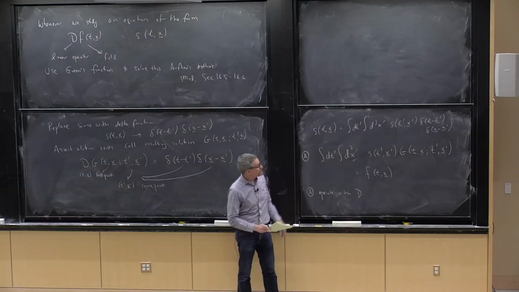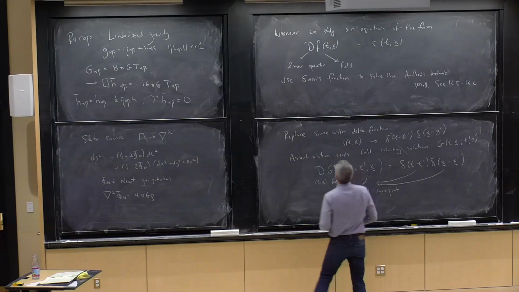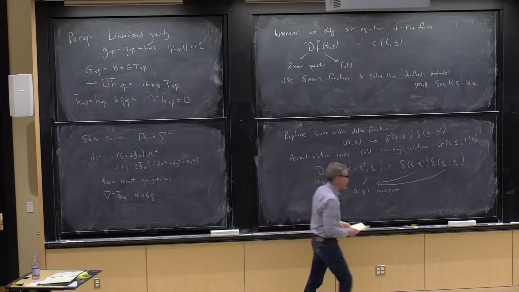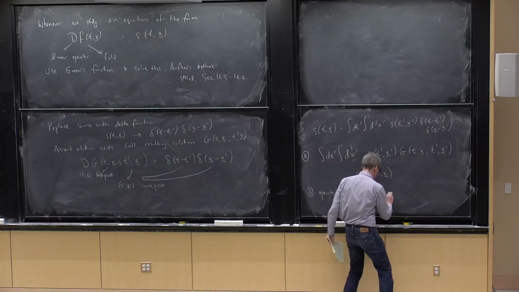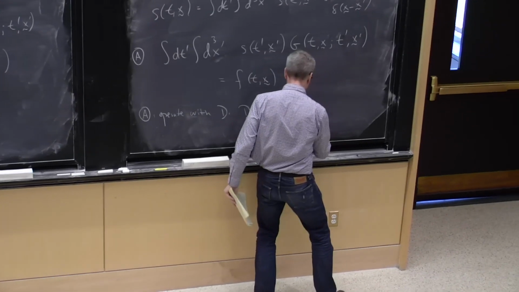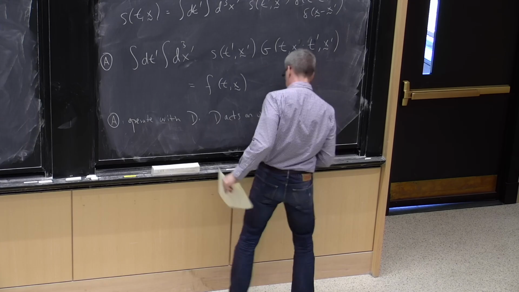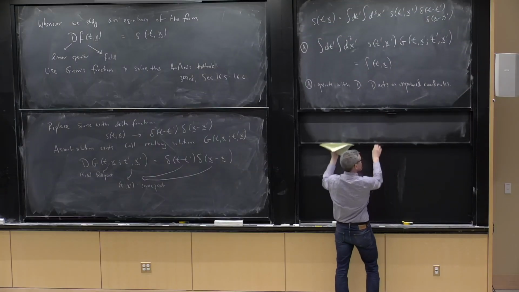So if I hit equation A with D, remember D, it's a differential operator that acts on only the unprimed coordinates. So you know what? Let's just go and write this out.